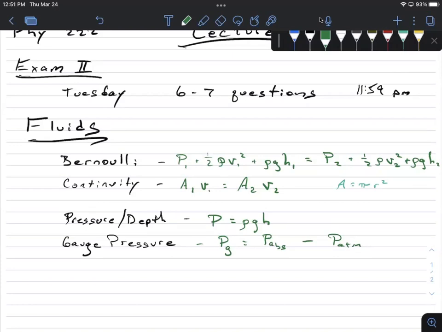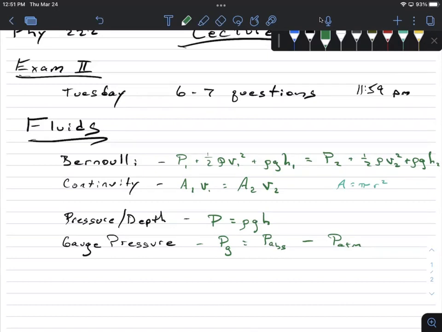But if I ask, a diver dives down 100 meters into the water, what's the absolute pressure he feels, or what's the total pressure he feels, then you would first calculate the rho gh, that would be gauge, and then add in atmospheric pressure. When you add the atmospheric pressure to that number, now you have the total pressure or the absolute pressure.